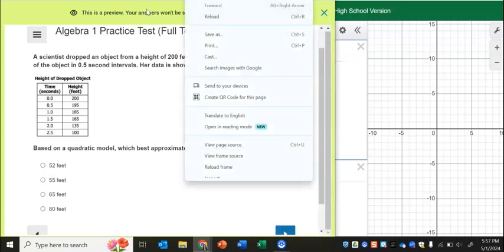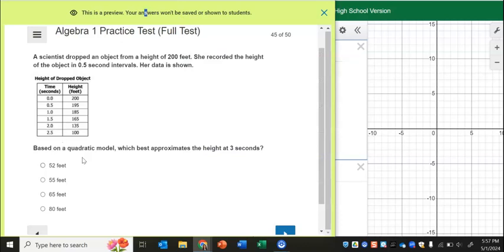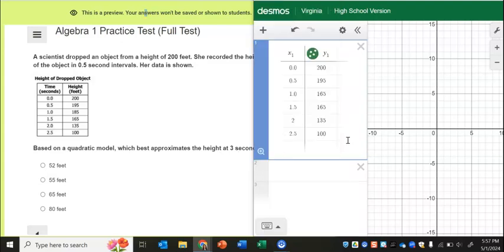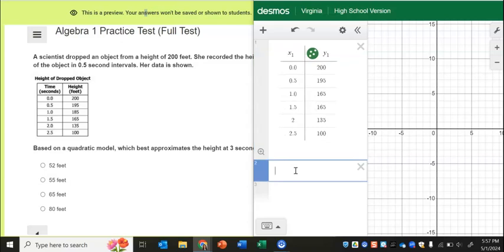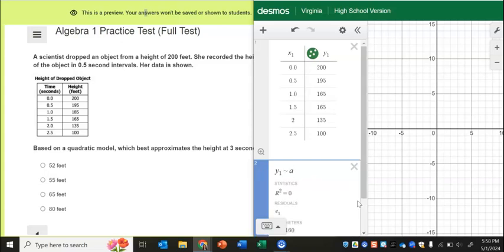Okay, now let me read the rest of it. It says, based on the quadratic model, which best approximates the height at 3 seconds. So we're looking for 3 seconds here, but I need to go ahead and put my quadratic regression, which is y1. The earlier question, we did a linear, now we have to do quadratic.